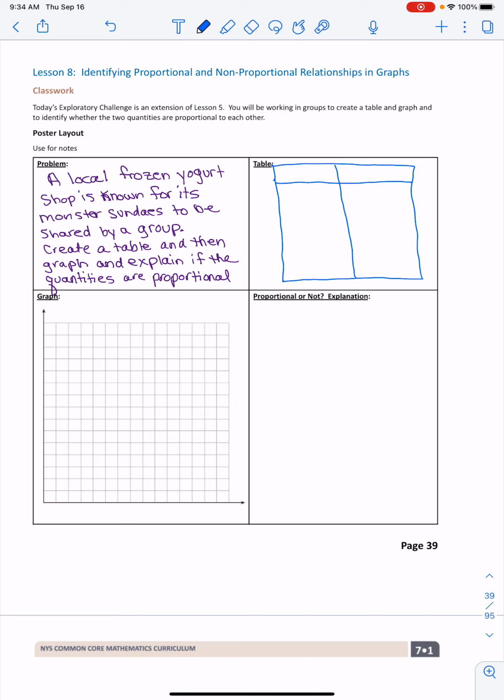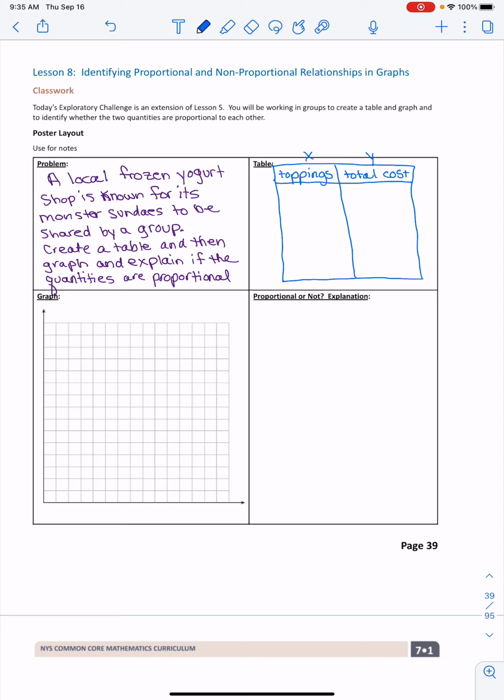The two quantities that I am comparing are toppings to total cost. Because remember, that's our y value. This is our x, because remember, cost always goes on top. So down below is our ratios.